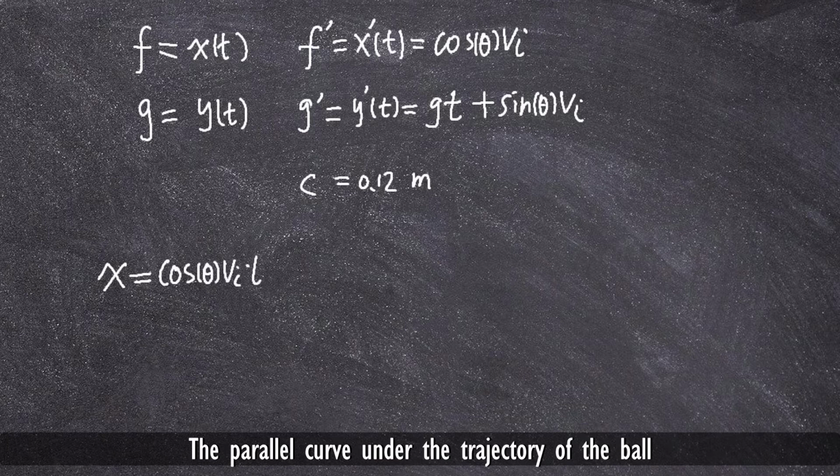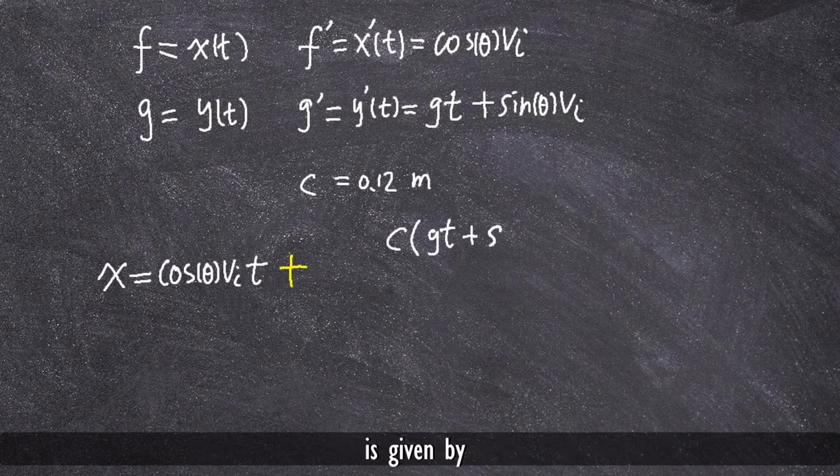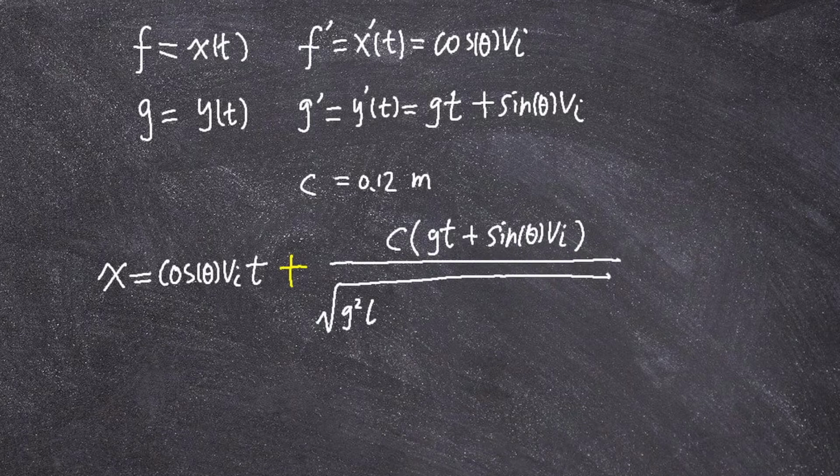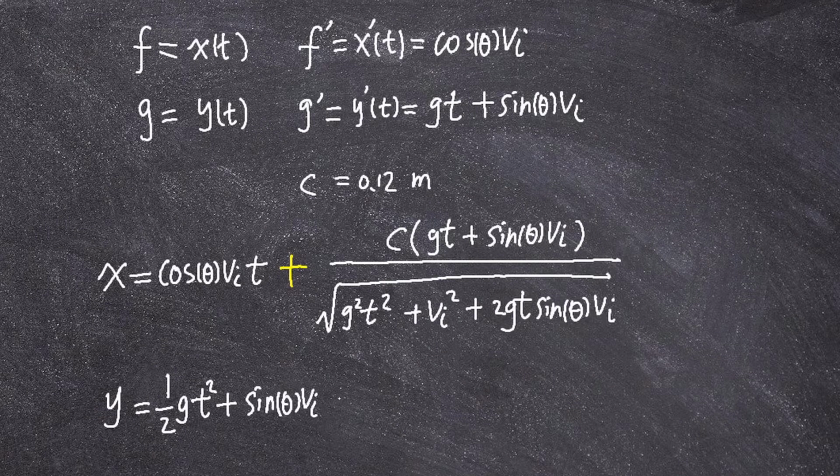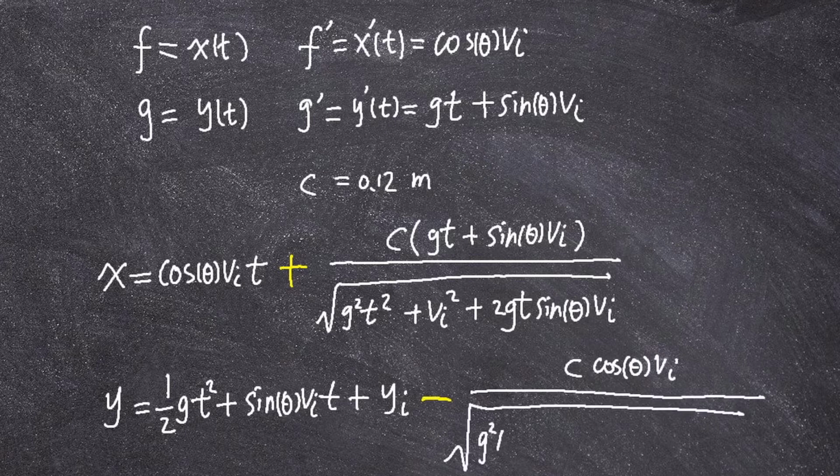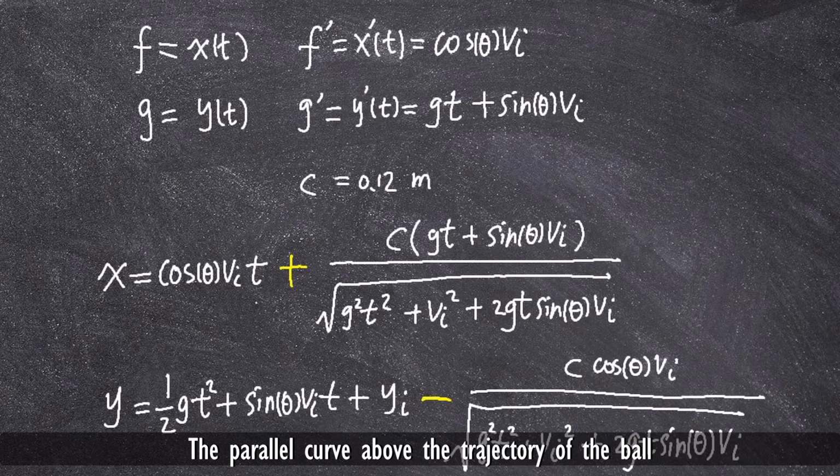The parallel curve under the trajectory of the ball is given by the following. The parallel curve above the trajectory of the ball is given by the following.